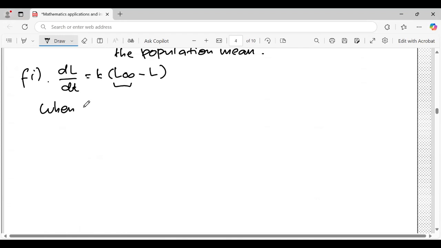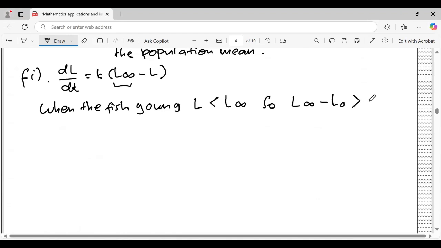When the fish is young, L is less than L infinity. So we can state that L infinity minus L zero, the initial L, is greater than zero.